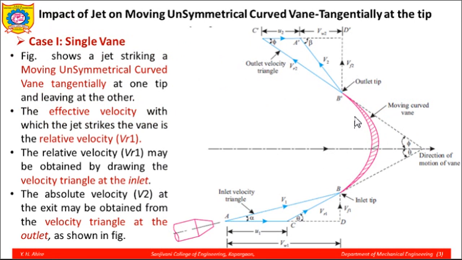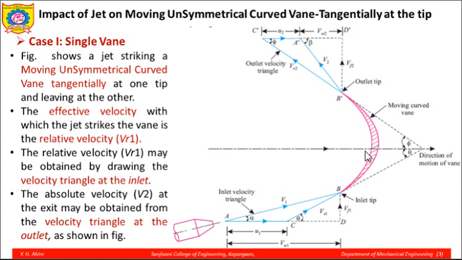So this is an unsymmetrical curved vane. When we say it is unsymmetrical, the tangent at the inlet tip makes an angle theta with the x-axis, and another tangent at the outlet tip of the vane makes an angle phi. So it is a different angle phi with respect to the x-axis.